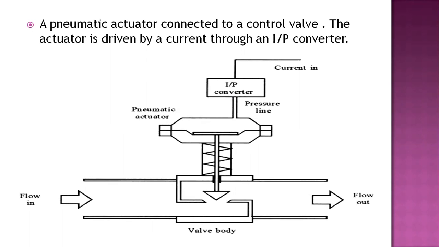There are three basic types of control valves, whose relationship between the stem position and flow rate is shown in this figure. So today we have discussed all the actuators used in process control systems, three types: electrical actuators, pneumatic actuators and hydraulic actuators.